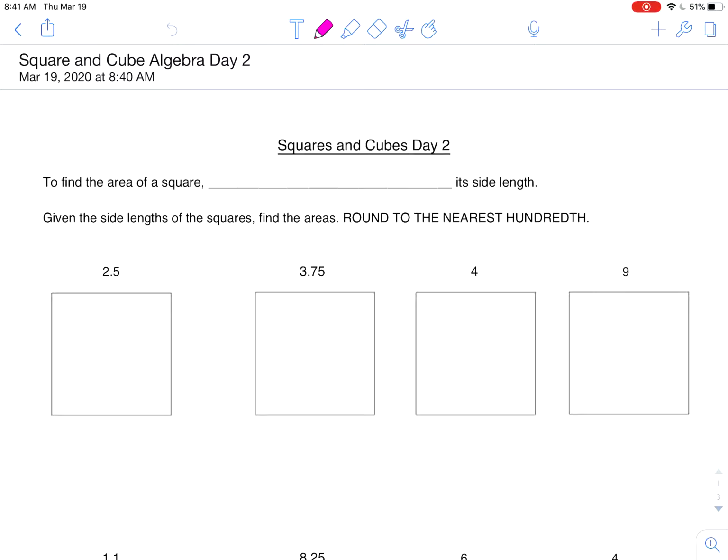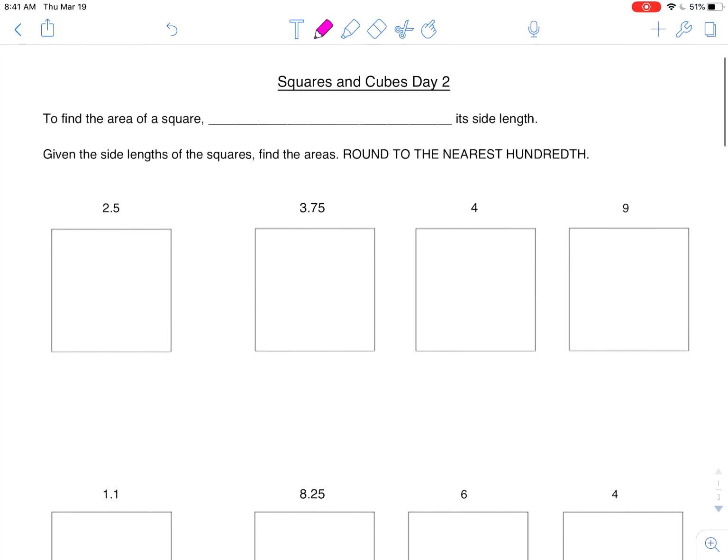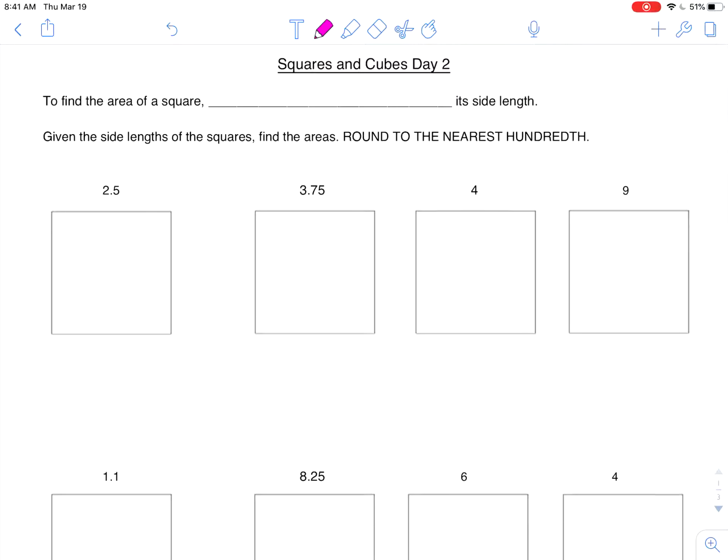So, once again, we'll take our side lengths, and in order to find the area of a square, or the area of any rectangle, we know that area is length times width. But if I have a square, what do I know about the sides of a square?